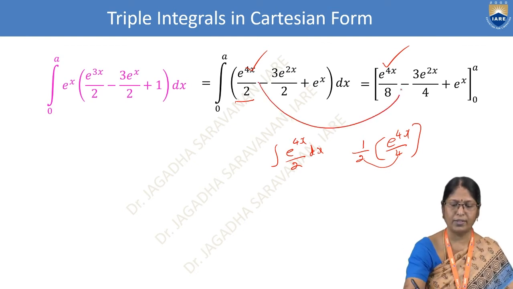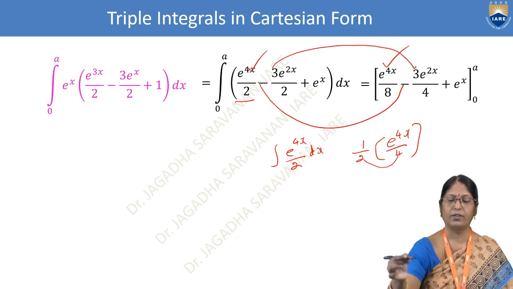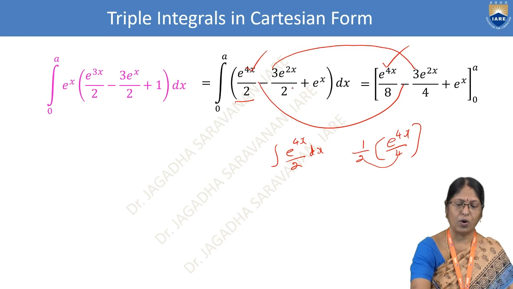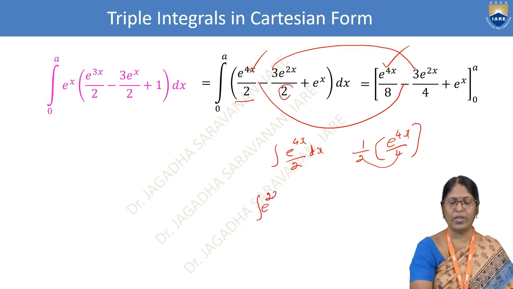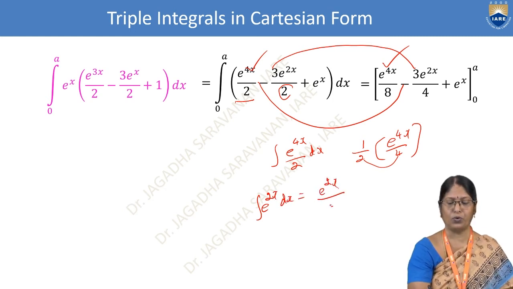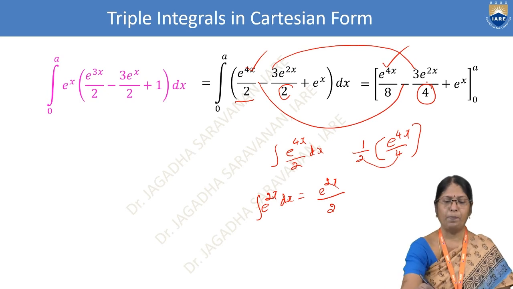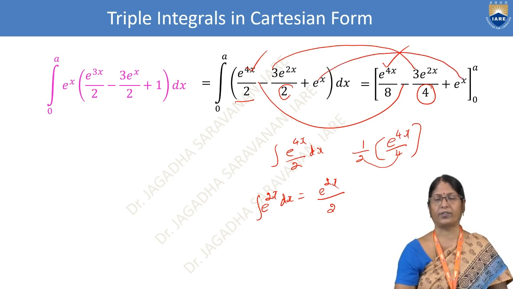This minus sign is kept as it is. This 3 we didn't change. Here already 2 is there. The integral of e^(2x) dx is e^(2x) divided by the coefficient of x, which is 2. Already 2 is there, put together it has become 4. For e^x, we know the integral is e^x.